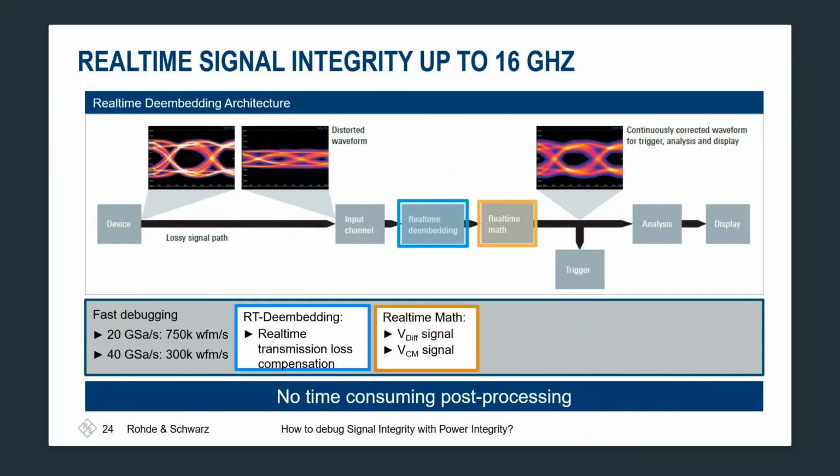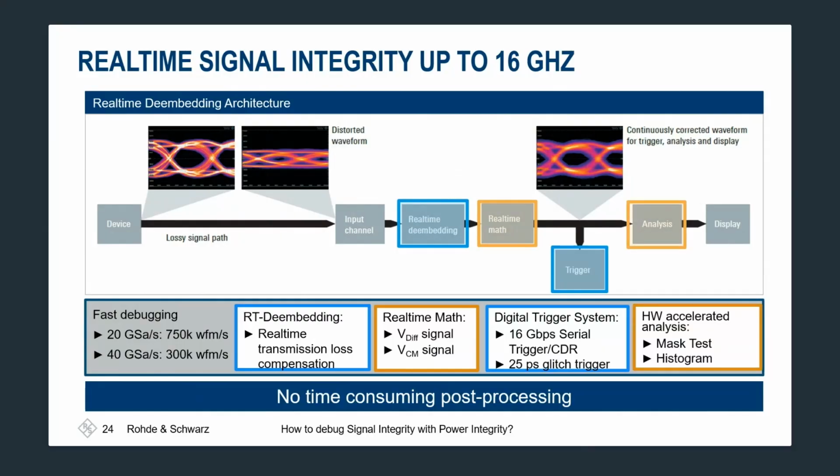After the de-embedding, there is a real-time math module enabling the RTP oscilloscope, for example, to display differential and common mode signals together. Then this oscilloscope has a digital trigger architecture, which is capable of triggering on the de-embedded differential signal and then analyzing the signal further. Here it is very important to notice that the trigger types are always operating on full bandwidth and the full screen of the oscilloscope, because we are operating after the ADC.